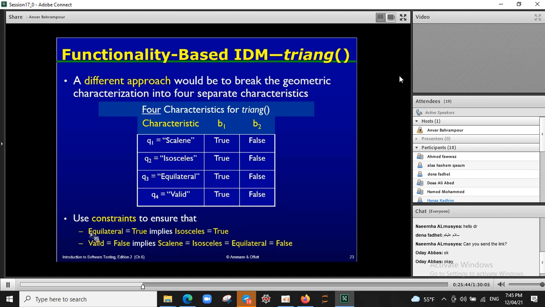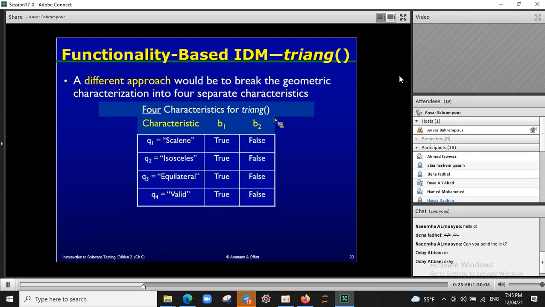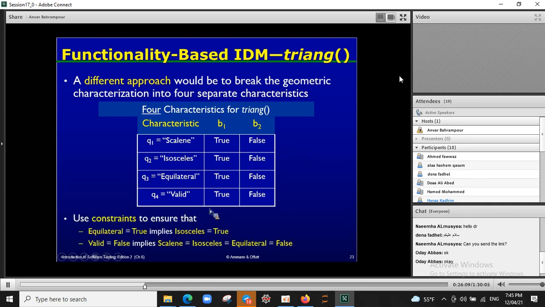So by this simple notion, we could reduce the number of our test cases in this approach. Please remember, in the previous approach, we tested our program by just 4 test cases.